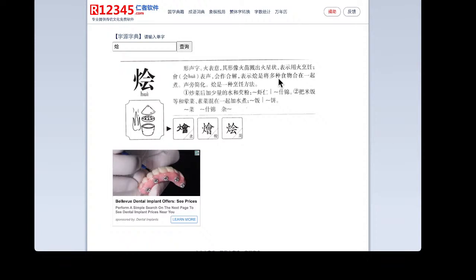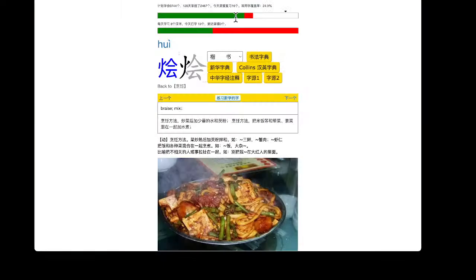So gather together, 会. That's the meaning. So over here it is for cooking. So again, it means you put a bunch of things together and simmer it and cook it. Okay, so that's how this character is built, and it means braise. Okay, next one.